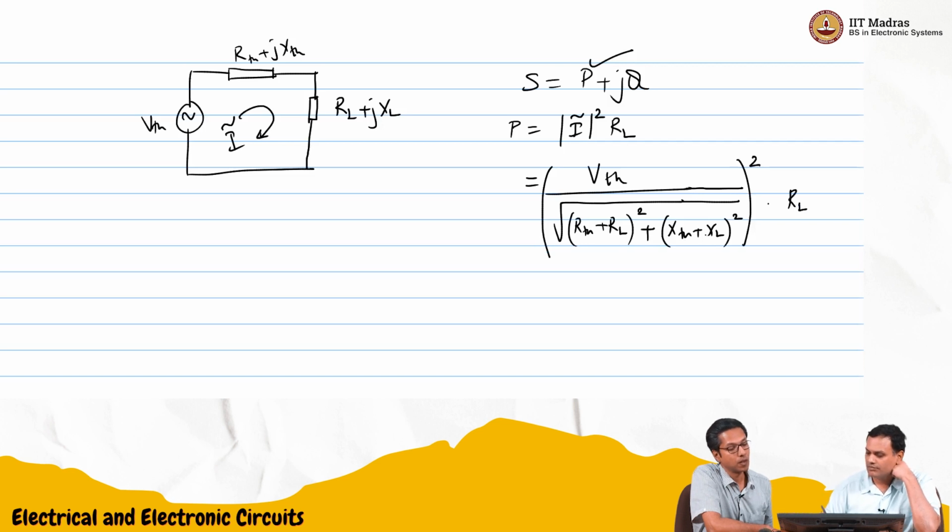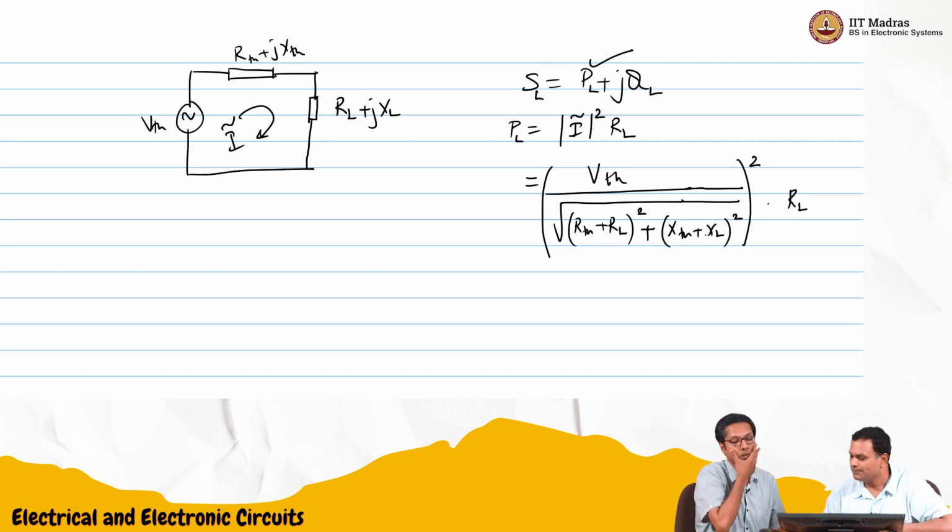So this is P, or PL if you want to call it, your new power. Here I can vary RL or XL. So you need to find out what RL will give you maximum power dissipated in RL, and what XL will give you maximum power dissipated in RL.